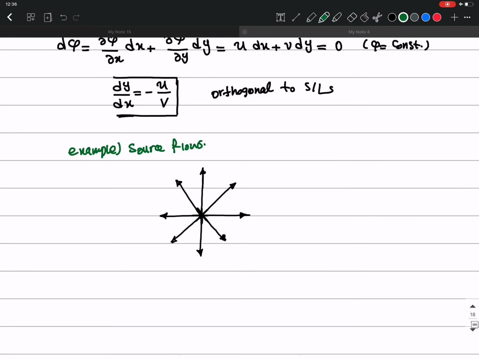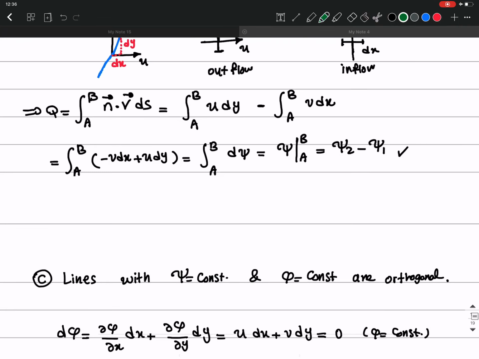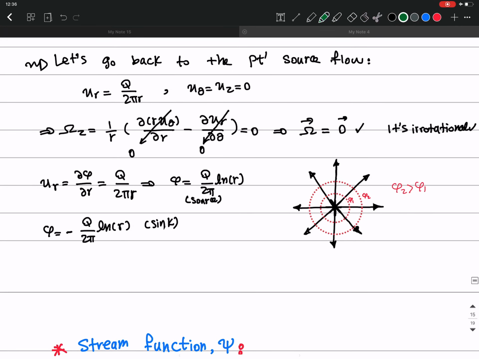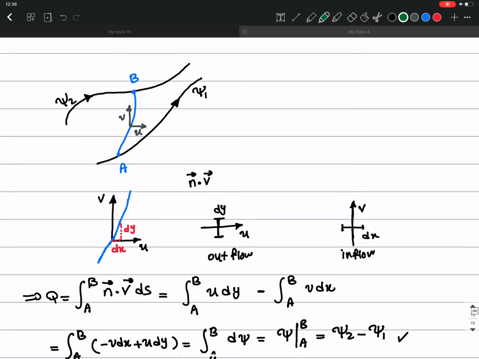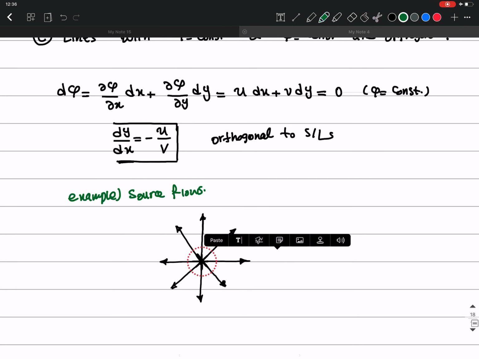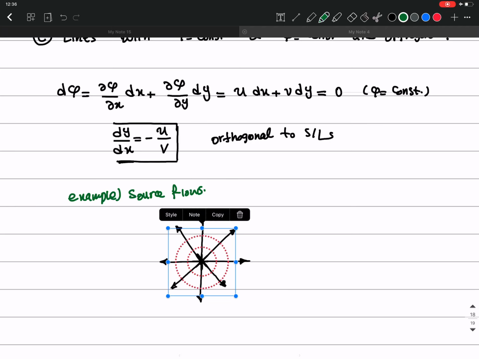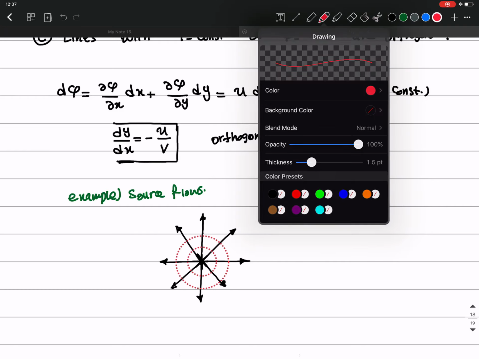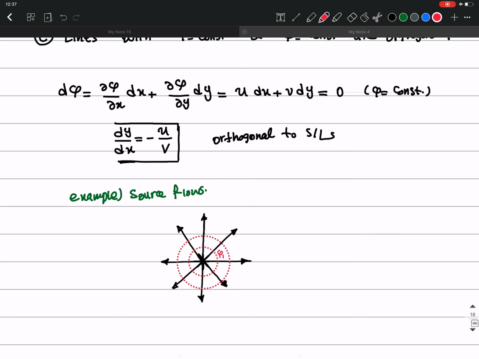Let me put it here again. Okay, so one is phi 1 and the other one is phi 2, and this is going to increase.